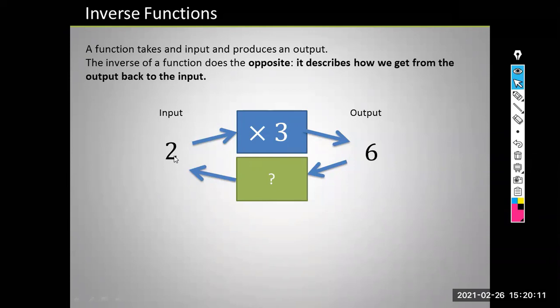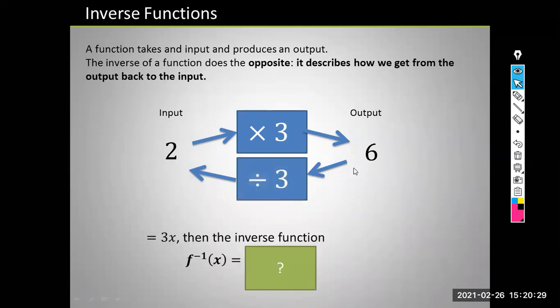Let's say you have a function times 3. If your input is 2, times 3, the output will be 6. So the inverse function will be the opposite. Instead of times 3, to get back to the input, you need to divide by 3. So 6 divided by 3, you get back 2, which is the original input.